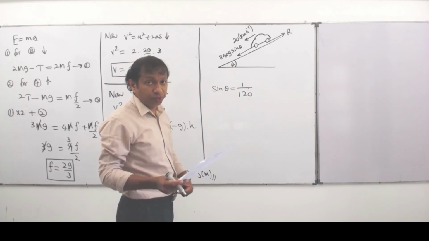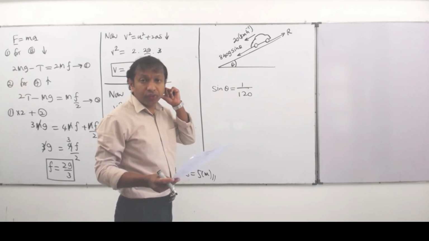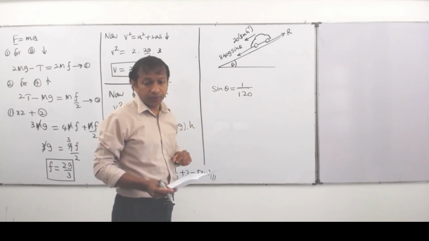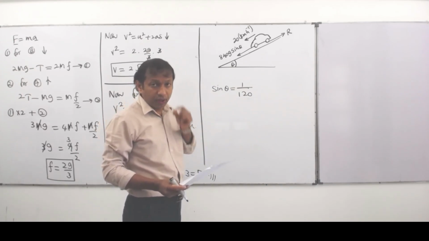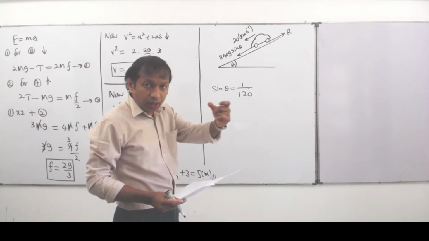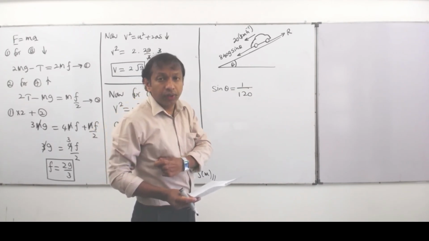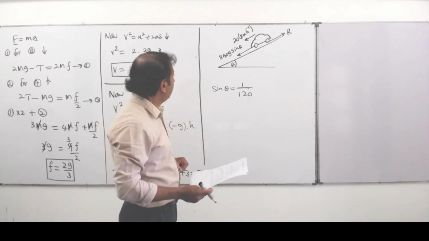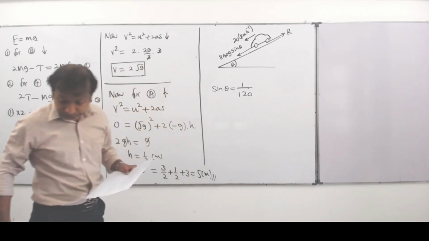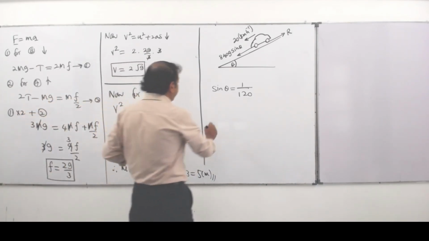Freely moving, no. Freely moving means no force given to the car by the engine. That means the car moves down along the plane due to gravity. Then this 840 g sine theta should be equal to R.